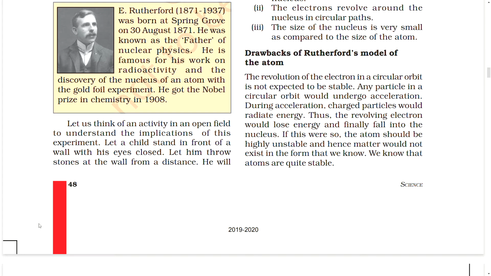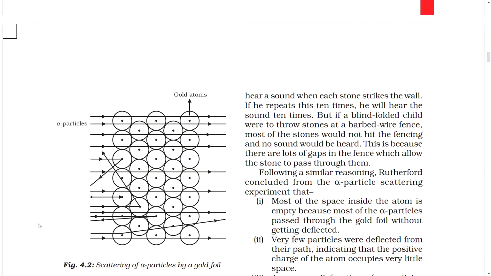Let us think of an activity in an open field to understand the implications of this experiment. Let a child stand in front of a wall with his eyes closed. Let him throw stones at the wall from a distance. He will hear sound when each stone strikes the wall. If he repeats this 10 times, he will hear the sound 10 times.